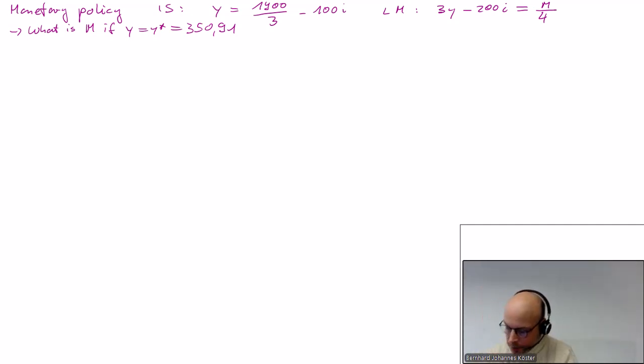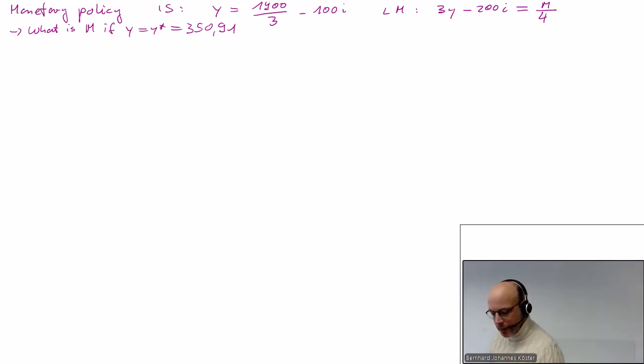So now I choose another way compared to yesterday. This is maybe a more direct way compared to what we have done yesterday. Yesterday I went through all the equilibrium calculation, but quite often there are different ways to achieve what we want to have.